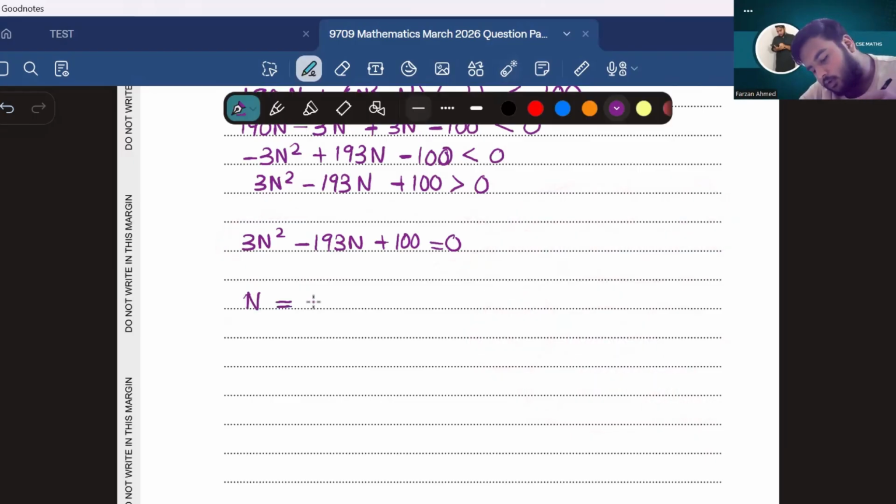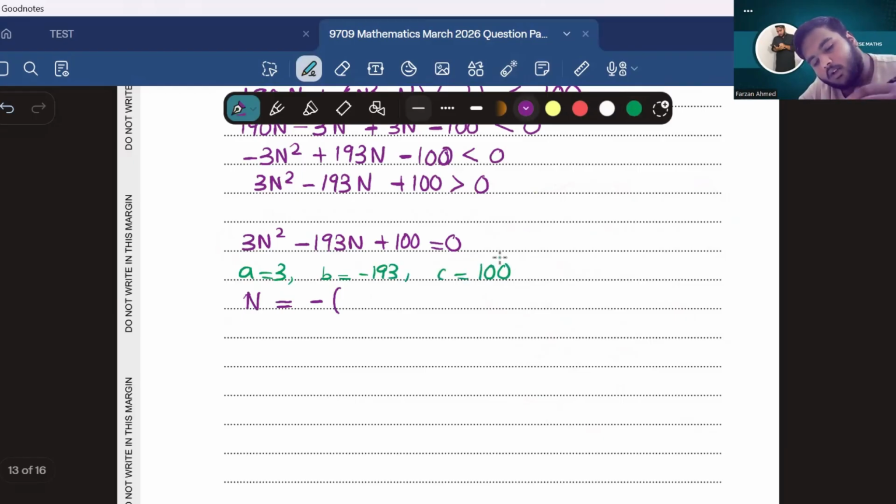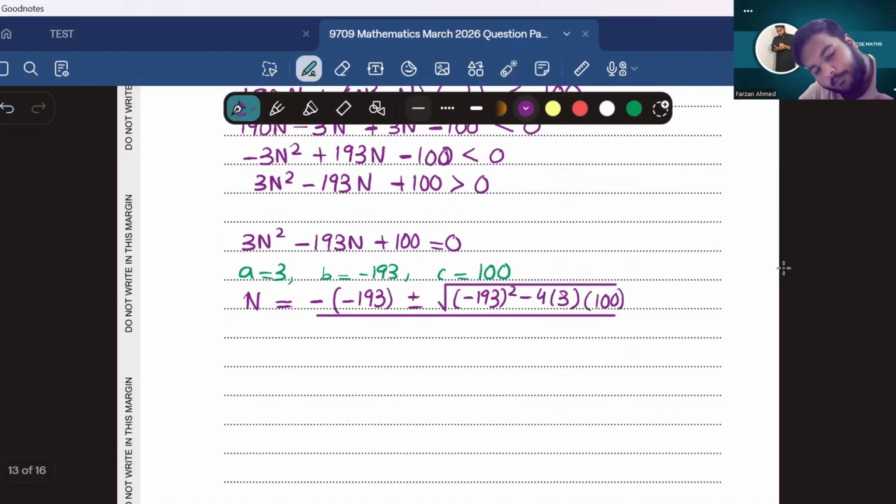So n is equal to minus b plus minus square root. I'm writing that we have a which is 3, we have b which is minus 193, we have c which is positive 100. So minus minus 193 plus minus square root of minus 193 squared minus 4 into a which is 3 and c is 100, over 2a.